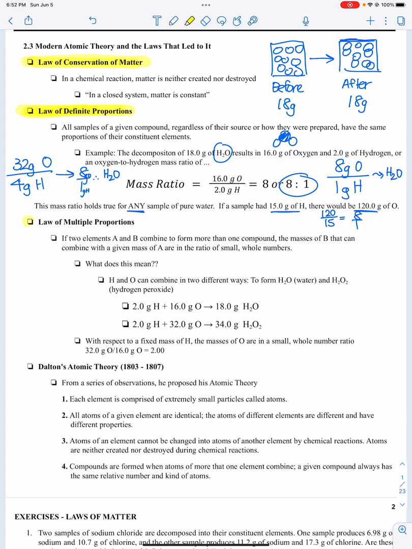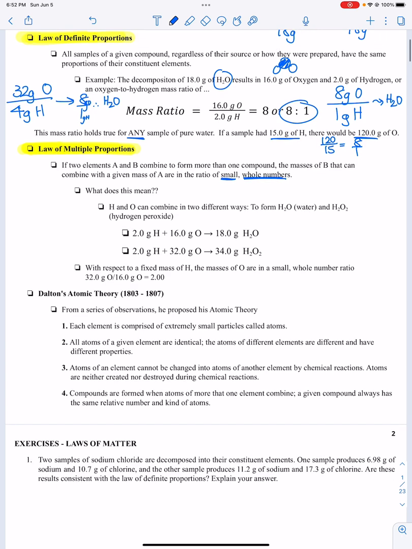Then some compounds could form in multiple ways. And this is the law of multiple proportions. So if two elements A and B combine to form more than one compound, the masses of B that can combine with the given mass of A are in a ratio of small whole numbers. So I have two compounds here that have hydrogen and oxygen. We have water, H2O, and then we have hydrogen peroxide.